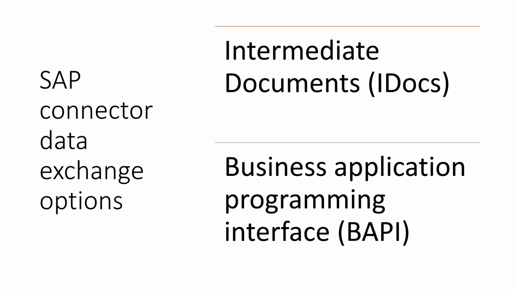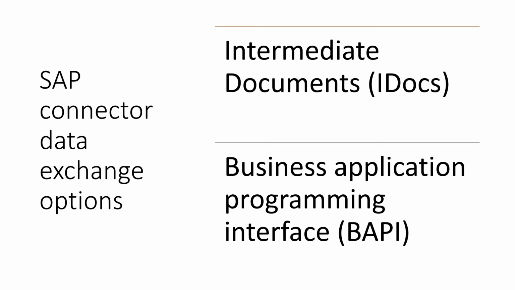Next, we come to the data exchange options available in SAP. There are two types of data exchange. First one is IDOC. IDOC is a standard data format defined by SAP for the exchange of information between SAP and non-SAP applications.